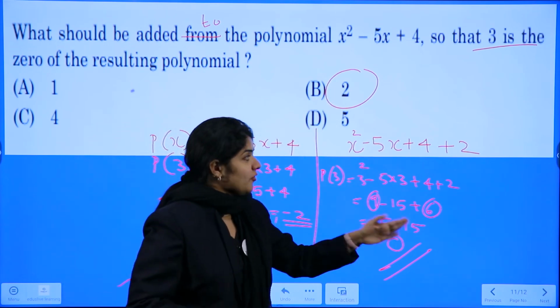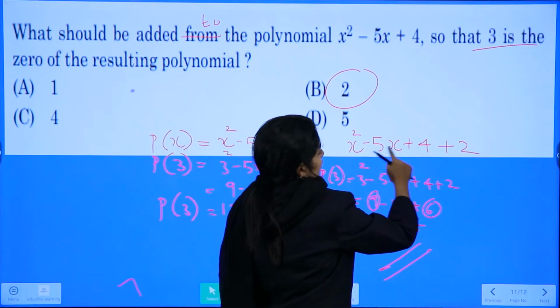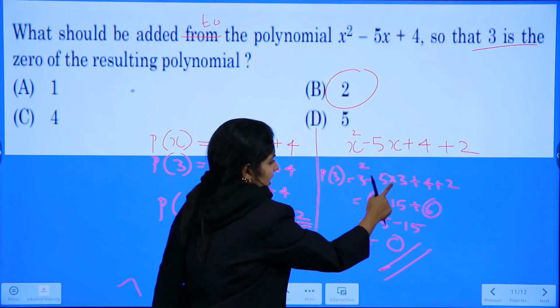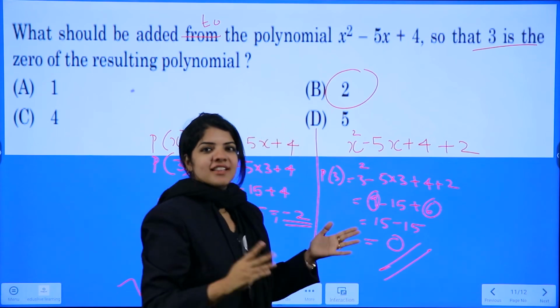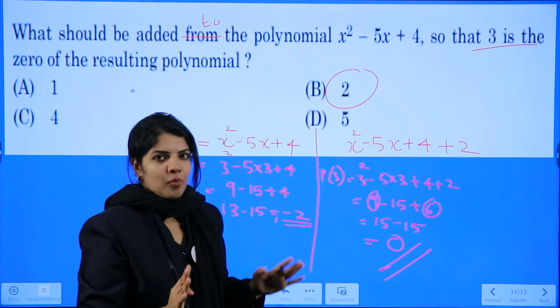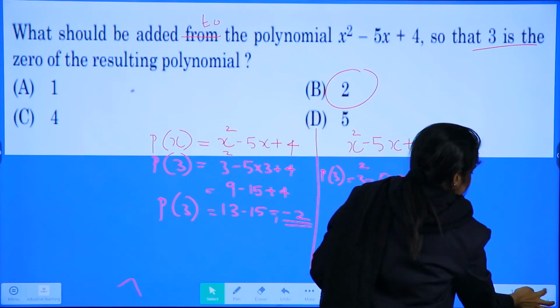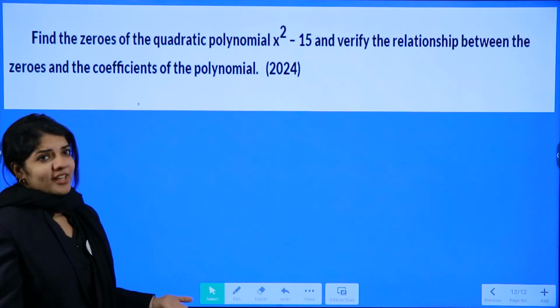This is a method to check whether your answer is right or not. So I am writing the given polynomial, I added positive 2 and substituting x value as 3, we get 0. Yeah, P of 3 is equal to 0 means 3 is the zero of the given polynomial when we add 2.